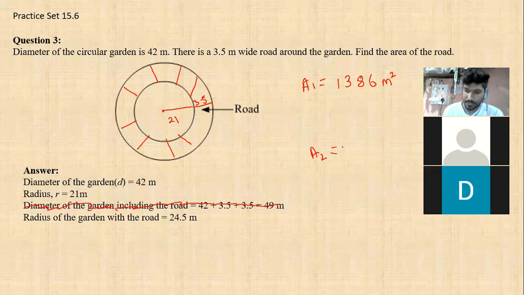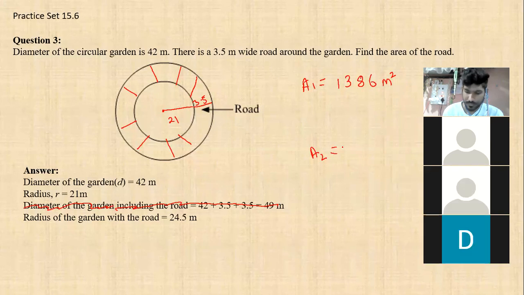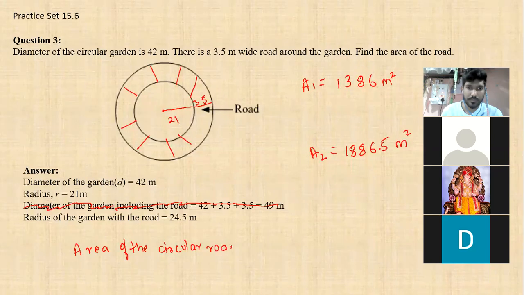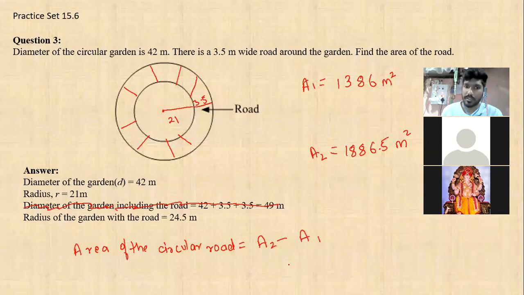can anybody tell me? 1886.5 meter square. Now the area of the circular road will be the area of the bigger circle minus the area of the smaller circle.